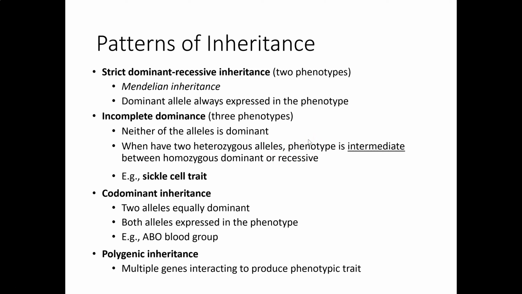But if you're heterozygous for that gene, only 50% of the red blood cells are going to be affected, and so the deficiency in carrying oxygen is not going to be that prominent.